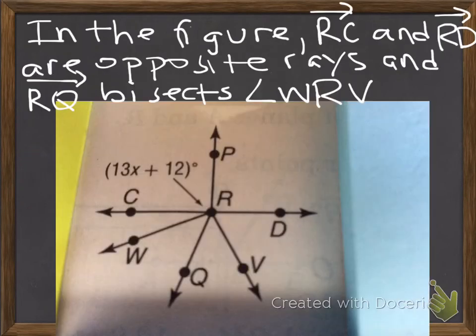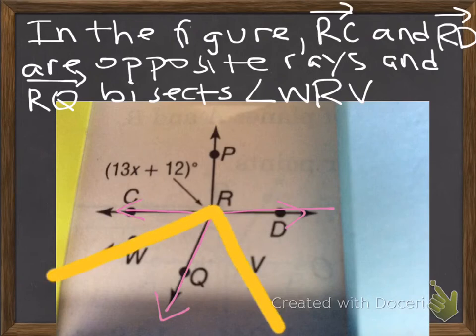All right, this one, we're using the figure. It says RC and RD are opposite rays, like this, and RQ bisects WRV. So this right here bisects this. Okay, so with all that information, that means WRQ and QRV are equal.